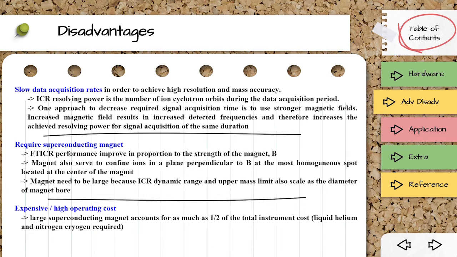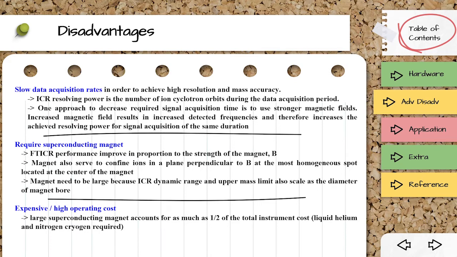Besides, FTICR requires a superconducting magnet because its performance improves in proportion to the strength of the magnet, which is mentioned before. The magnet also serves to confine ions in a plane perpendicular to B at the most homogeneous spot located at the center of the magnet. The magnet needs to be large because ICR dynamic range and upper mass limit also scale with the diameter of the magnet bore.